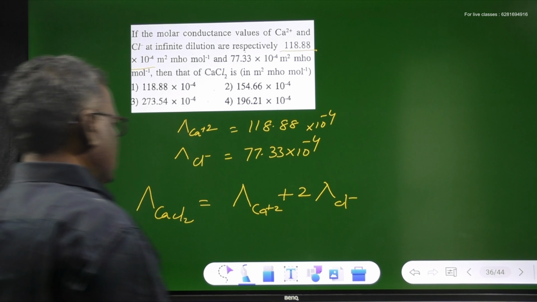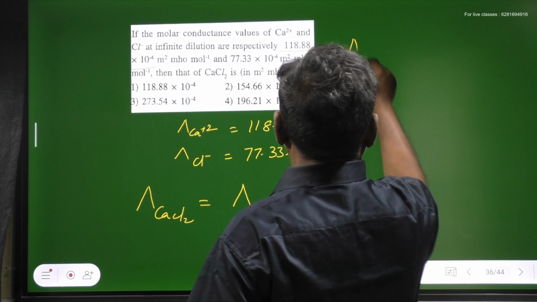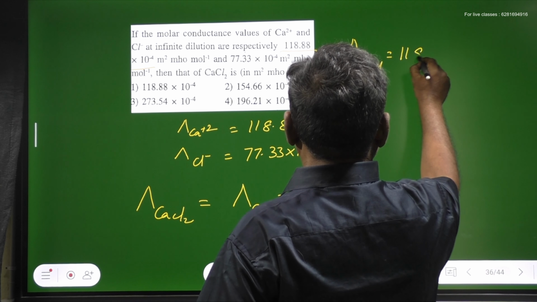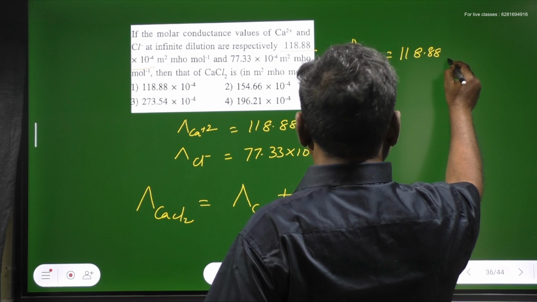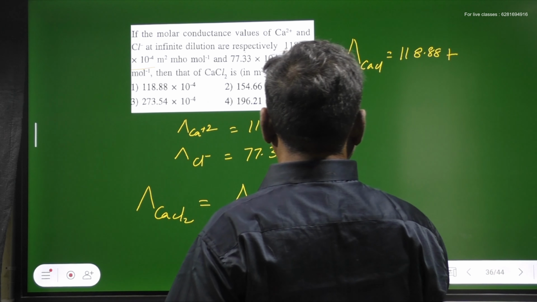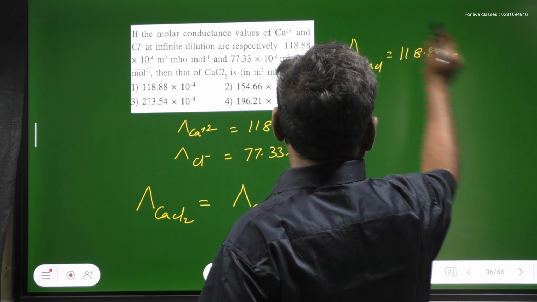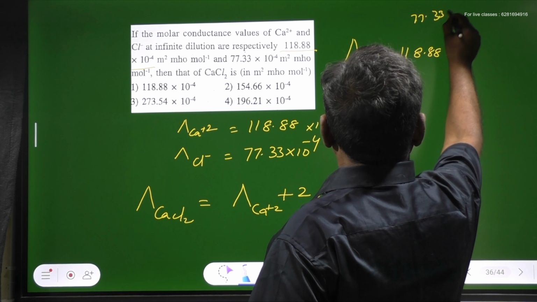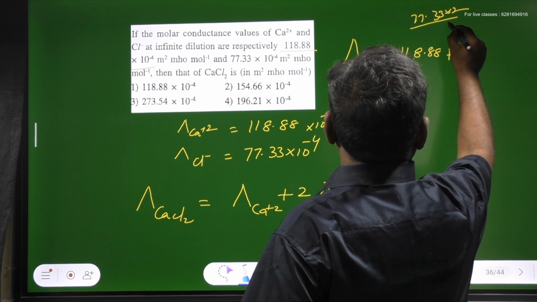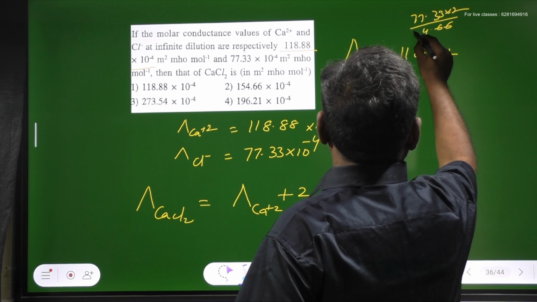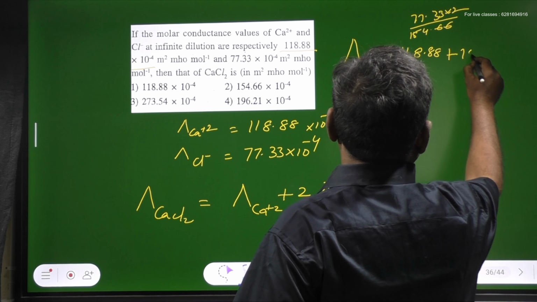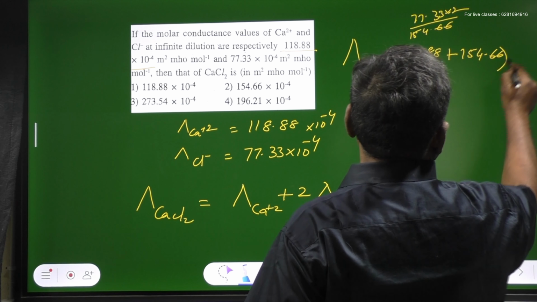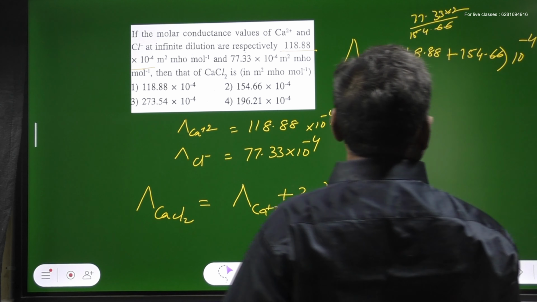So Ca2+ is 118.88 plus 2 into Cl-, 77.33 into 2, that is 154.66, into 10 to the power minus 4.